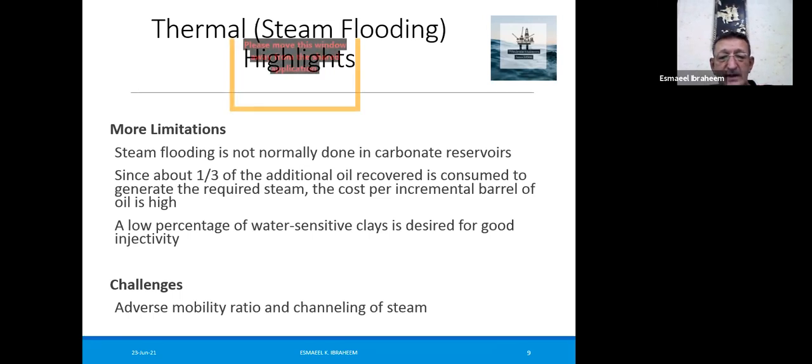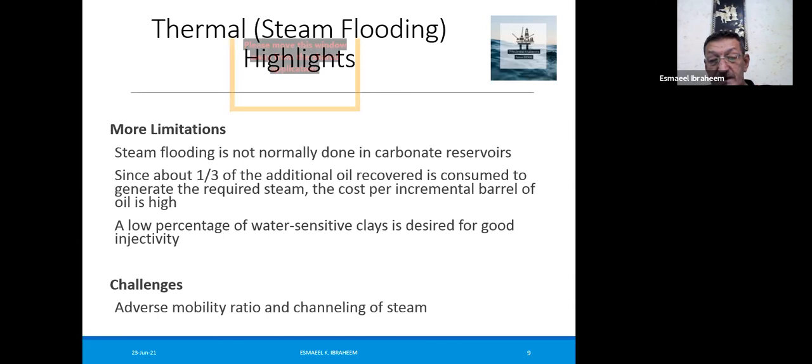We may have more limitations on this process. Steam flooding is not normally done in carbonate reservoirs. You cannot use it. Since about 1/3 of the additional oil recovered is consumed to generate the required steam, the cost per incremental barrel of oil is high in this case. A low percentage of water-sensitive clays is desired for good injectivity.